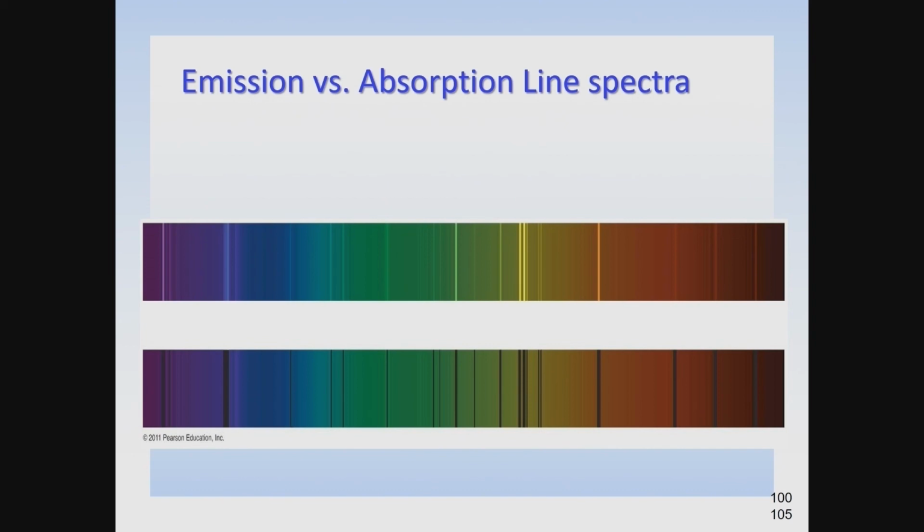So the spectra below that is different. The lines are in exactly the same location, but instead you don't see bright lines. What you can see is that the lines are dark. And so if the lines are dark on this continuous spectra, then what you have here is something called an absorption spectra. So the question is, how do you get these two different kinds of spectra?